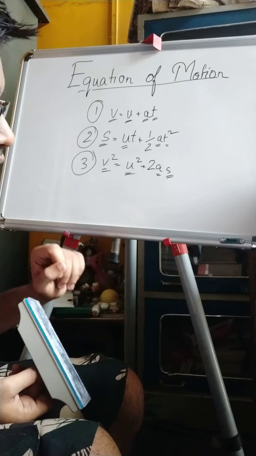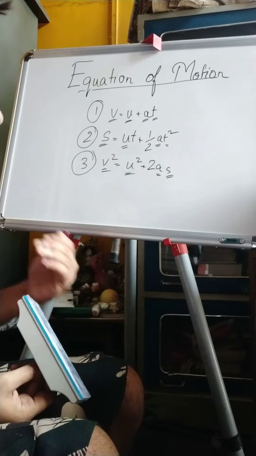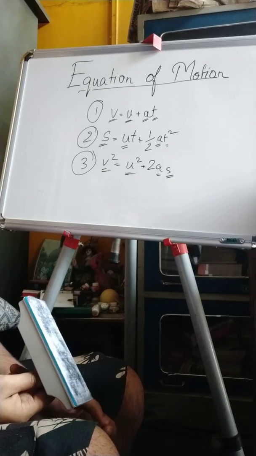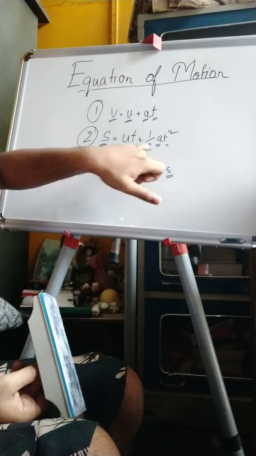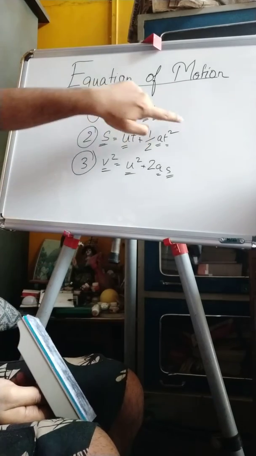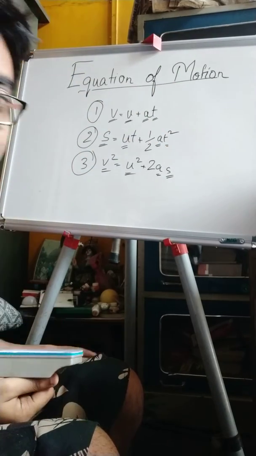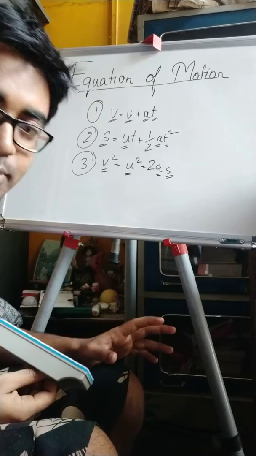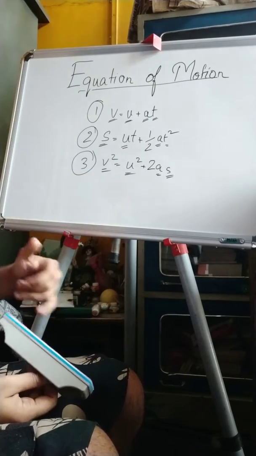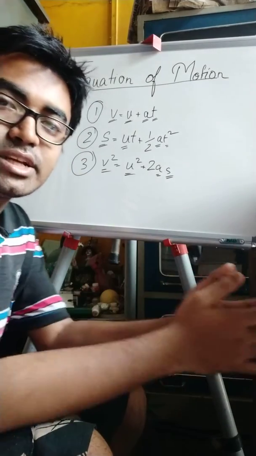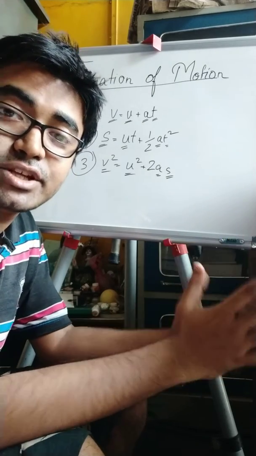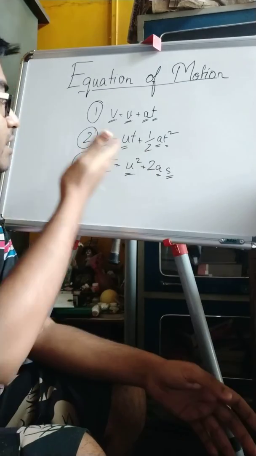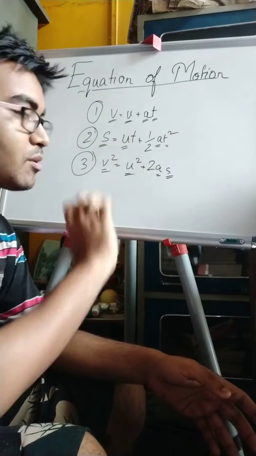Then what is the distance traveled by the object? At this point we have the initial velocity, time, and acceleration, so using this formula we will be able to solve the problem. And moreover, when we have distance, acceleration, as well as initial velocity, then we can find the final velocity by applying this formula.